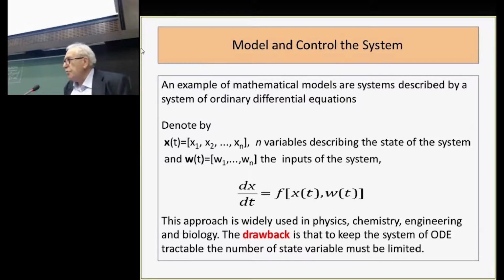As I told you before, the drawback of this representation is that to keep the system of differential equations tractable, I mean, so you can treat it analytically, the number of differential equations cannot be too high. Unless, of course, you have a large system of differential equations, and then you have to solve it numerically, of course. You have no chance of having analytical solutions.